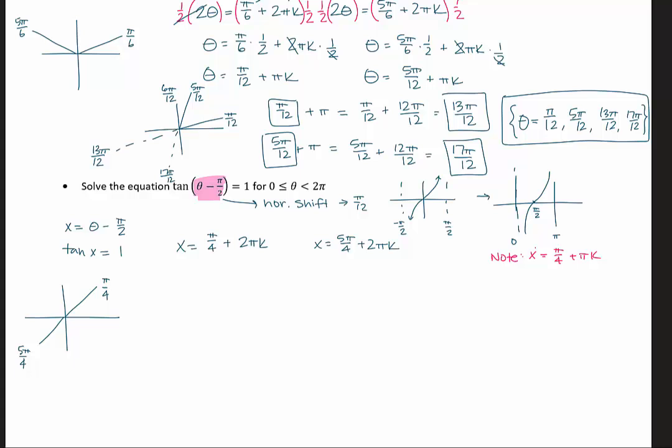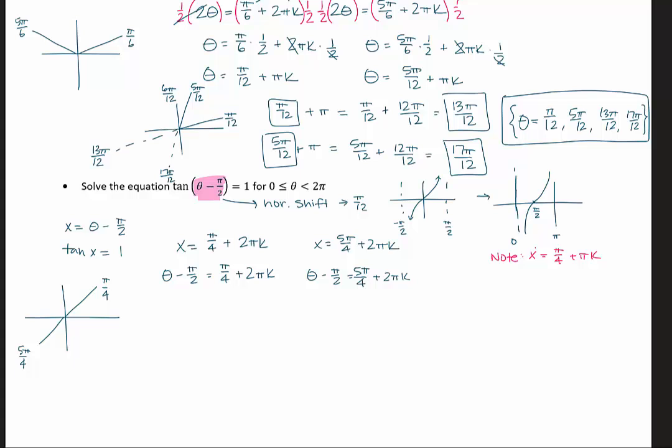They don't have a relationship, and so I like to think about them separately. I still get the same answer if I think about them separately. So I know that x was theta minus pi over 2, and that's going to equal pi over 4 plus 2 pi k. And theta minus pi over 2 equals 5 pi over 4 plus 2 pi k.